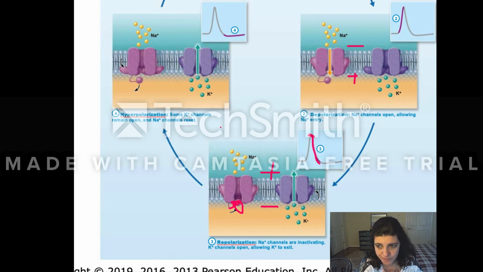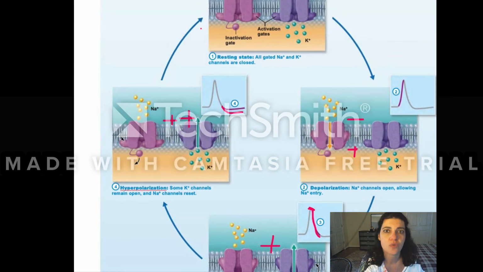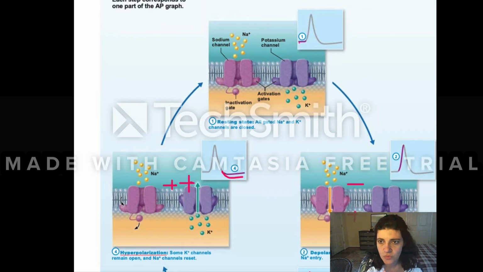Okay? And then the hyperpolarization is the fact that in the end of this process, more potassium than you really need leaks out, and the membrane becomes more positive in the outside than the resting potential. So you have a decrease in the voltage for a short period of time, and then it goes back to the resting potential, which is here, which is back to here, right?